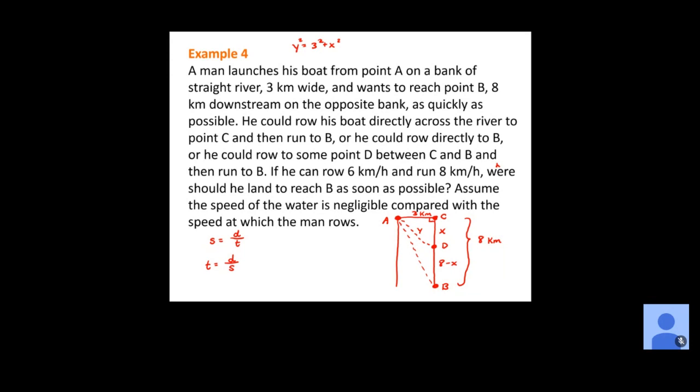And so now if we simplify that and we take the square root to get y by itself, the distance between A and D is just going to be the square root of 9 plus x squared. So now I know this distance right here is the square root of 9 plus x squared.